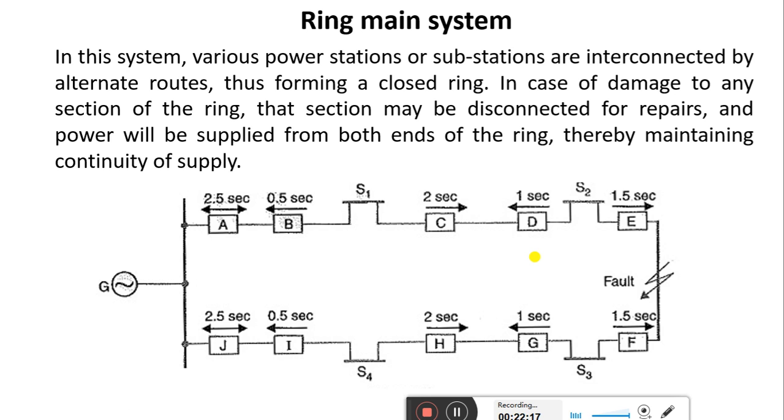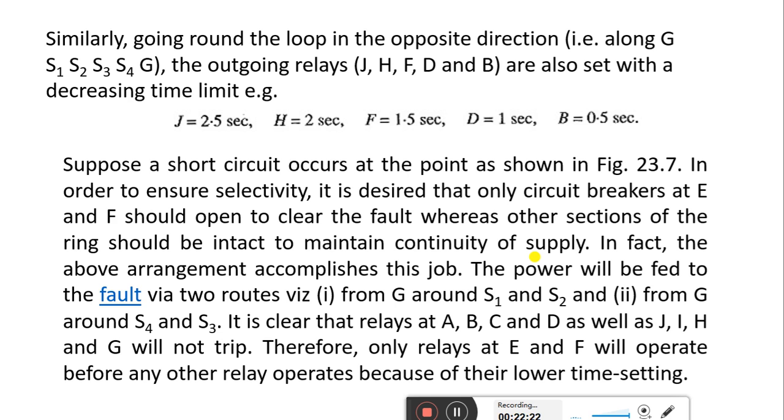So this has been demonstrated by this diagram, and the same thing has been written here, that therefore only relays at E and F will operate before any other relay operates because of their lower time setting. So this is the advantage of the ring main system for the protection of transmission lines. So this is all about this lecture.